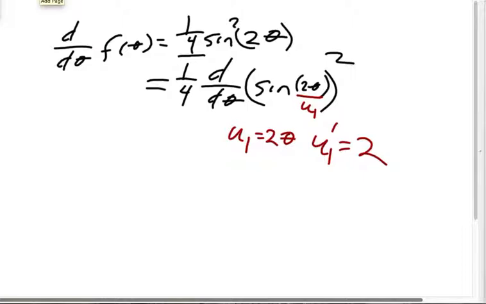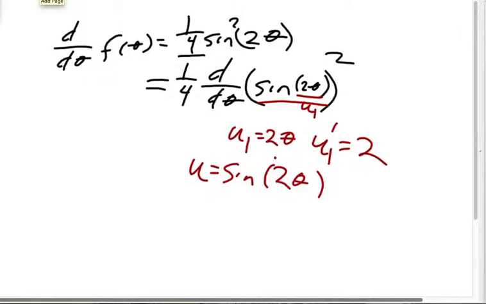All right. And then we come back in, and that's all of this puppy right inside of here. So my u, now my big u that I'm interested in, is going to be sine of 2 theta. All right? Show you why I did this.